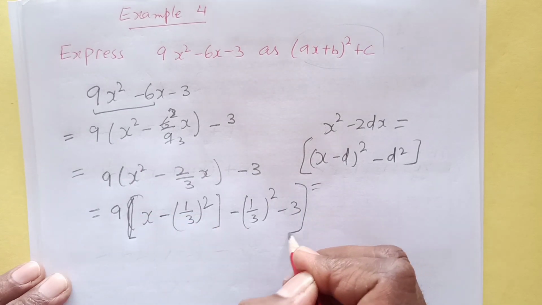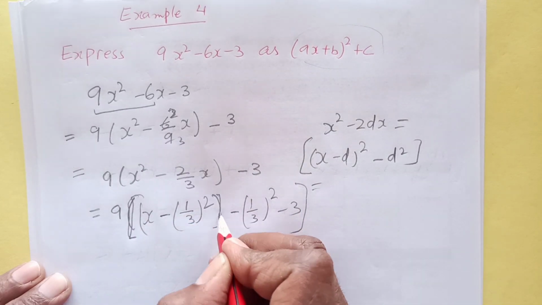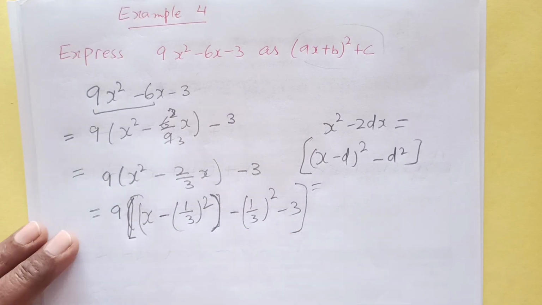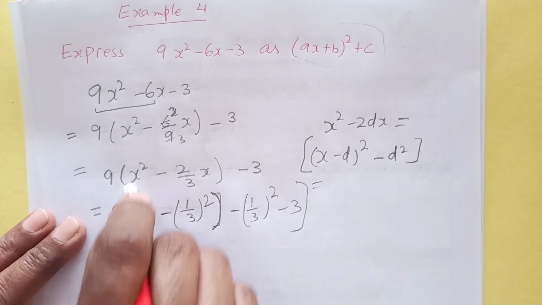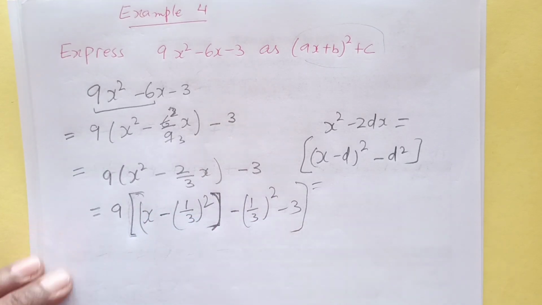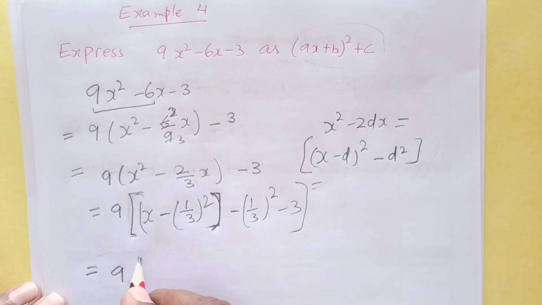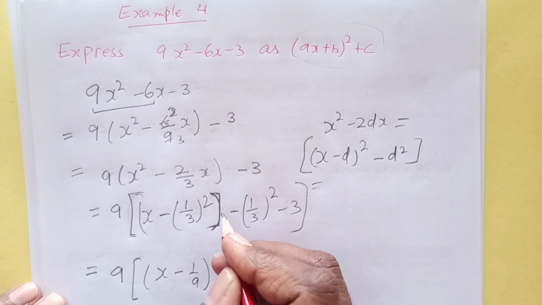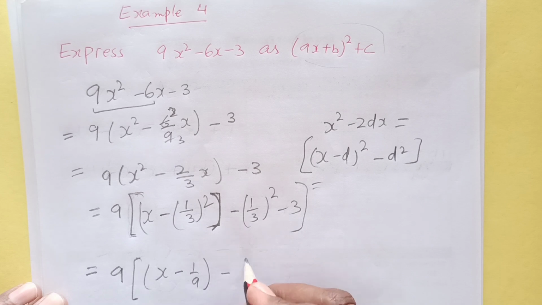So this is the whole thing that we have. Wait, let me make it clear, right? So 9, then we will have x minus 1 over 3, right, squared minus 1 over 9, minus 3.